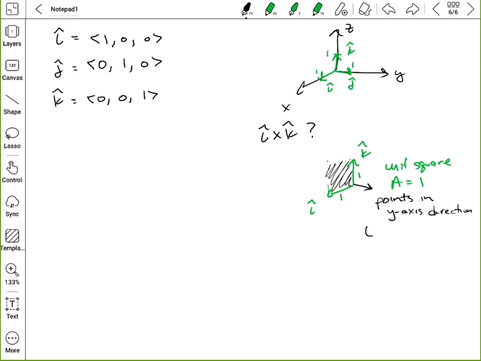So y-axis direction, or same as j hat. So i hat cross k hat should have magnitude 1 and point in the direction of j hat. But that's just j hat, because j hat we already saw has magnitude 1. Actually, there's no point in me writing that separately. I'm just going to put it right there.